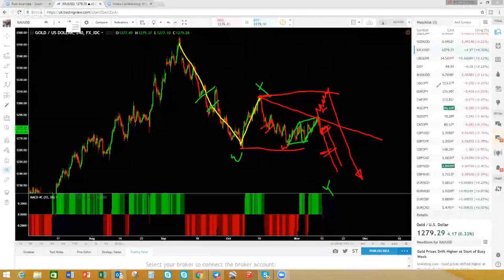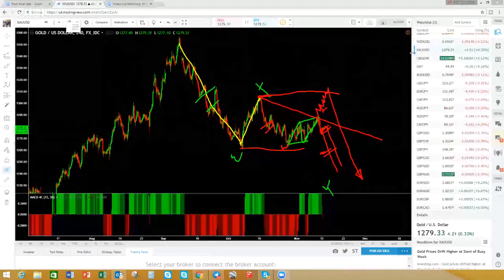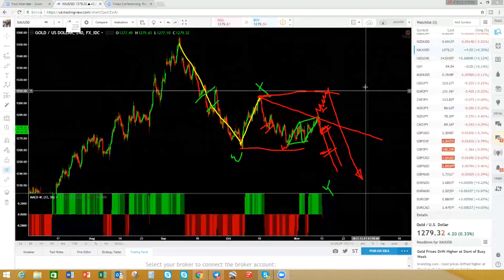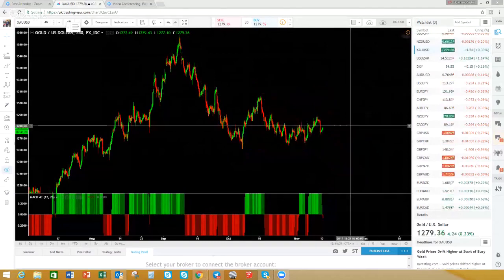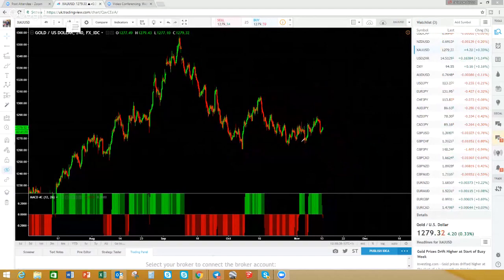We know gold will go up at one point, but as I've said many times, we don't go in a straight line. So wait to see what happens here. If this breaks to the downside, you take the trade to the downside to complete this move. This 1, 2, 3. That is gold.